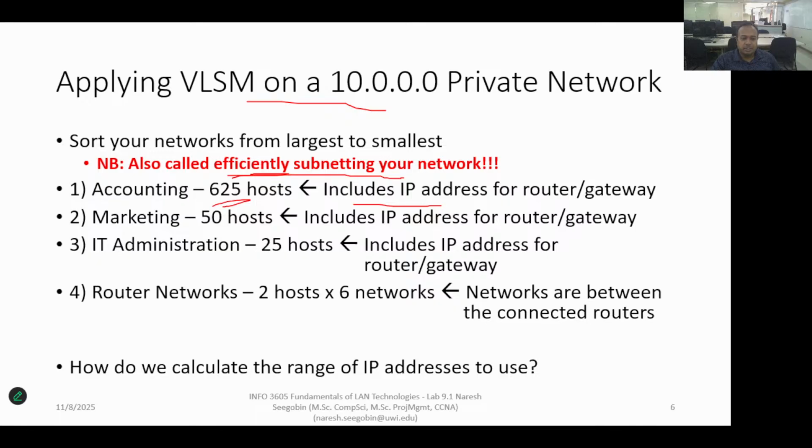Not only that, there's also the network address and broadcast address, which we'll talk about afterwards. Marketing is 50 hosts. This is more to help you with the CCNA exam questions, where they will say how many hosts you have, and you have to cater for the default gateway. You also have to cater for the network address and broadcast address. And now we have the sizes.